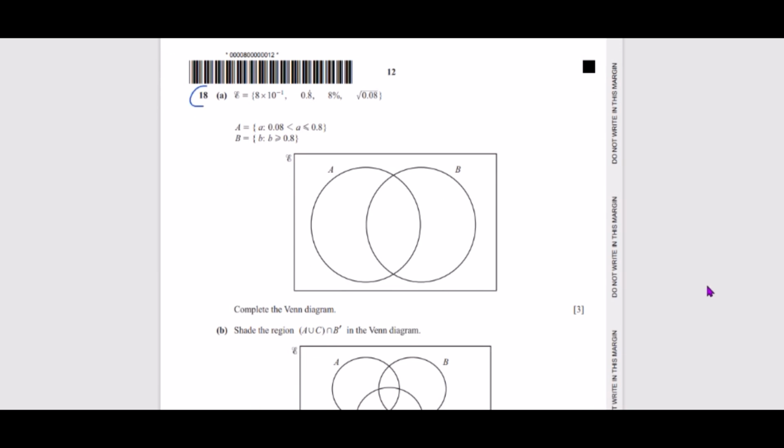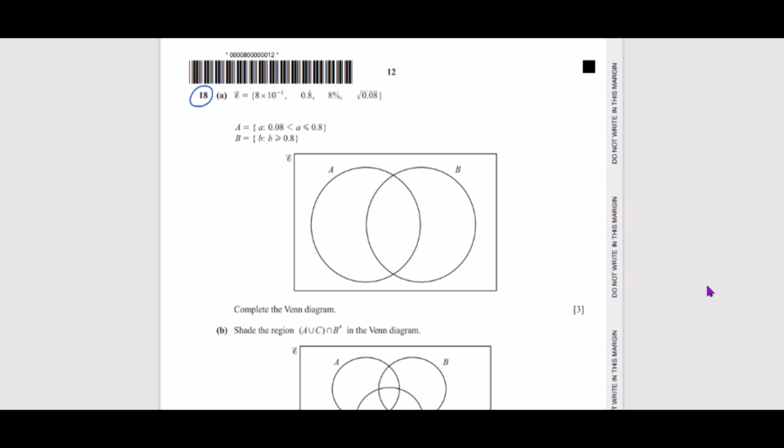Question number 18. The universal set is 8 multiplied by 10 raised to the power minus 1, and 0.888, and 8%, square root 0.8.